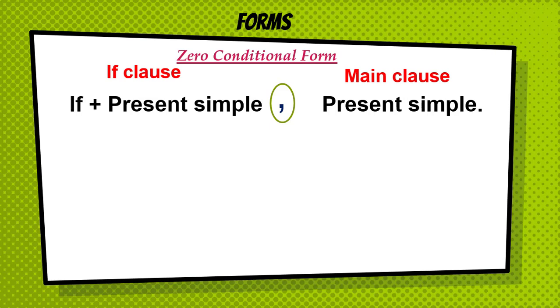The first part of the sentence that includes the if conjunction is called if clause, and the second part is called main clause. Remember, if we started with the if conjunction, don't ever forget to add the comma in the middle. For example, if you leave ice cream in the sun, it melts.